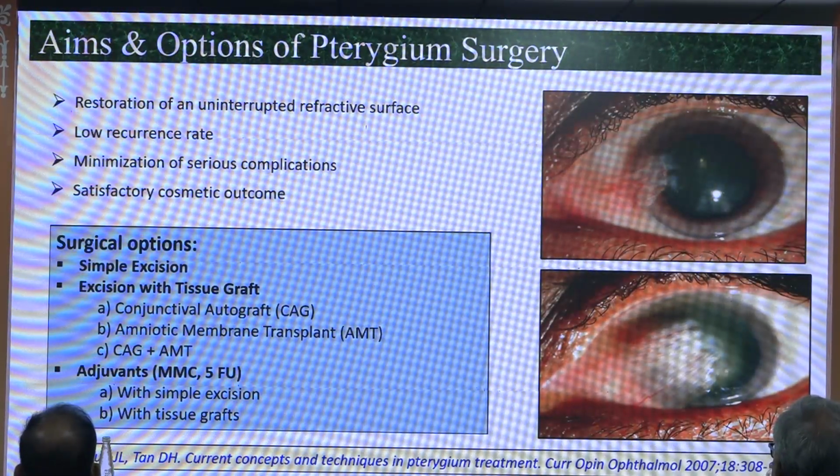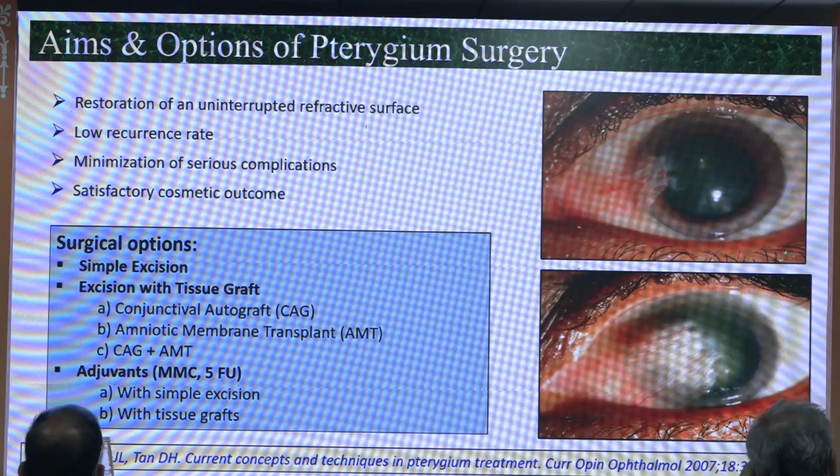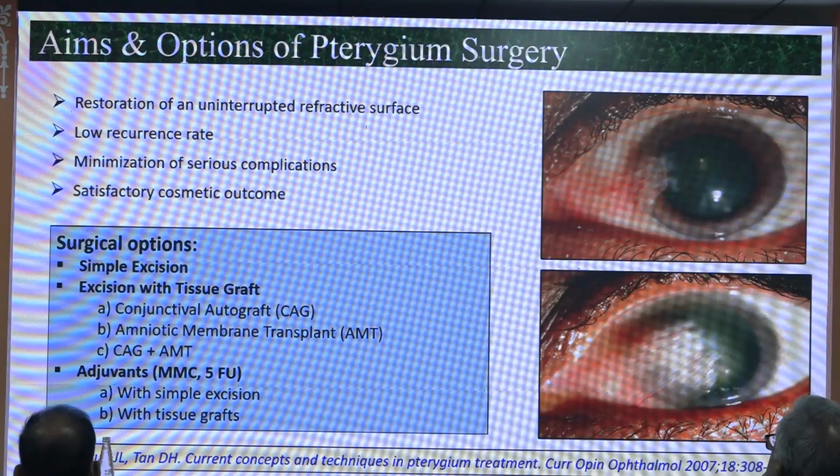So, the aims and options of pterygium surgery. The aims are basically to restore an uninterrupted refractive surface and to reduce the recurrence rate. There should be minimization of serious complications with the procedures involved and a satisfactory cosmetic outcome.